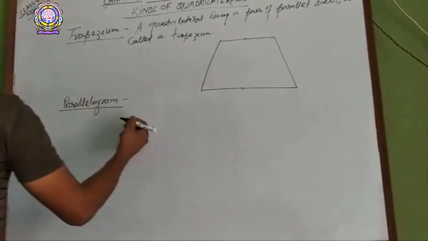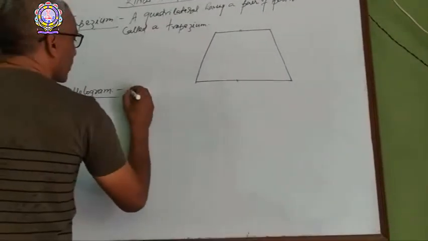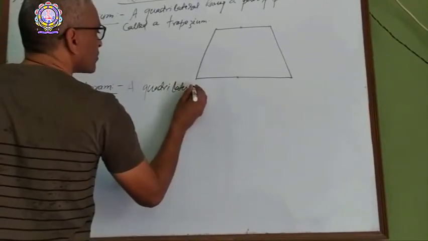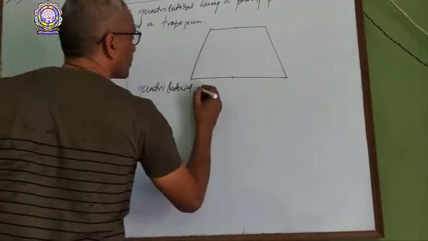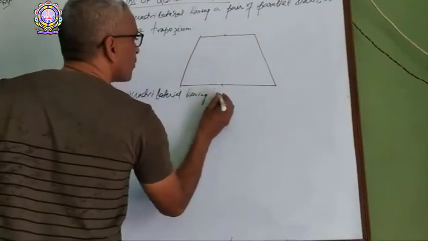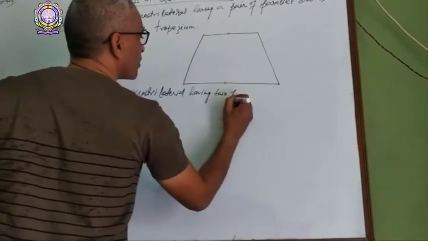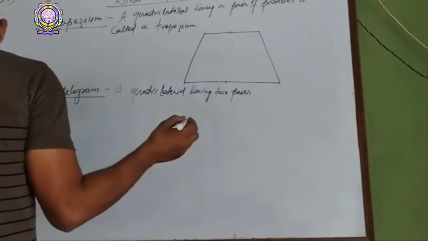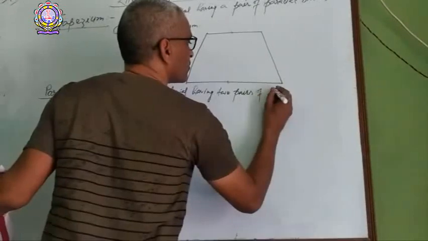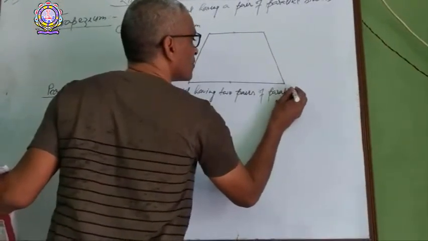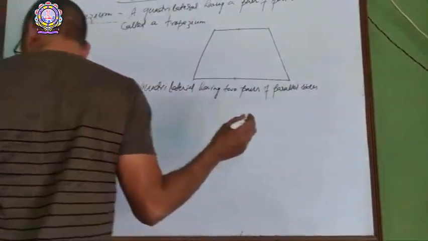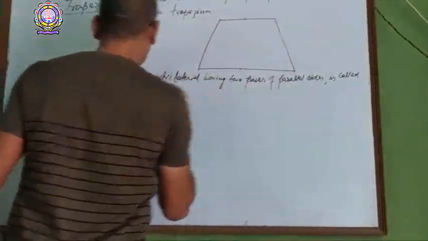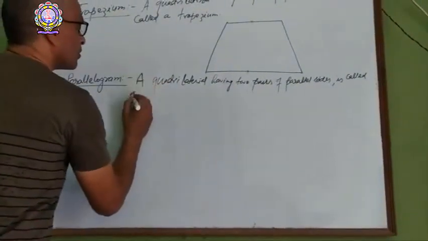A quadrilateral having two pairs of parallel sides is called a parallelogram.